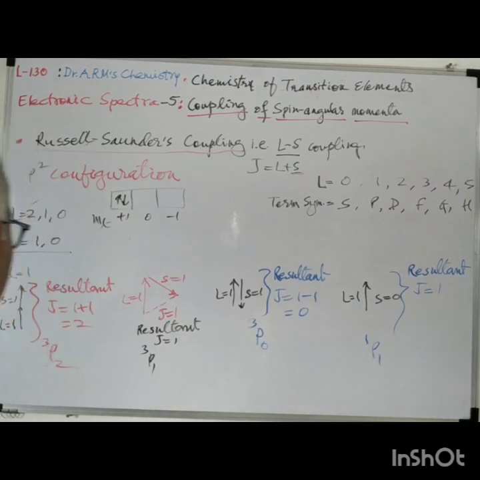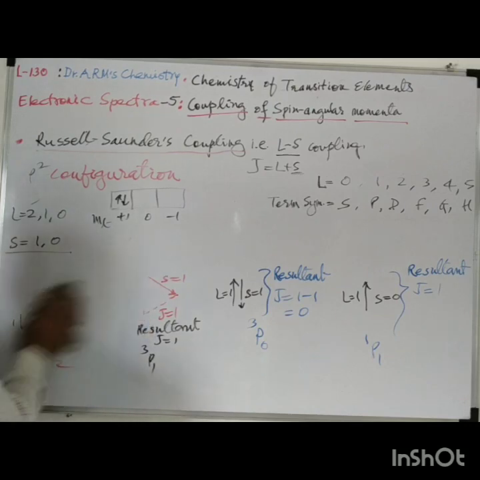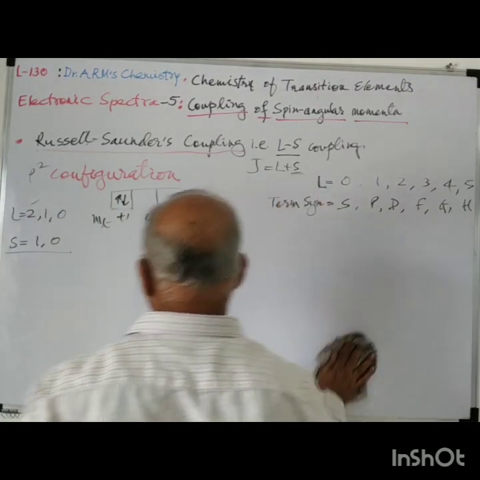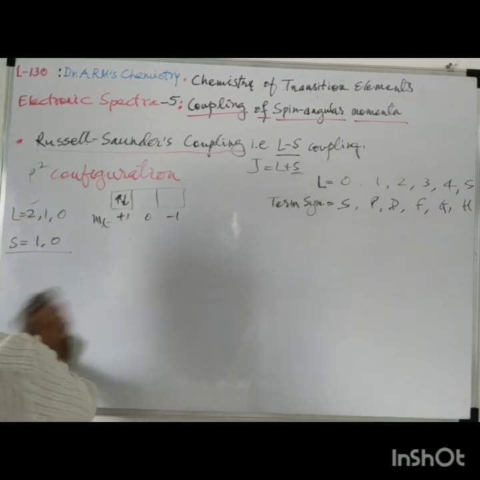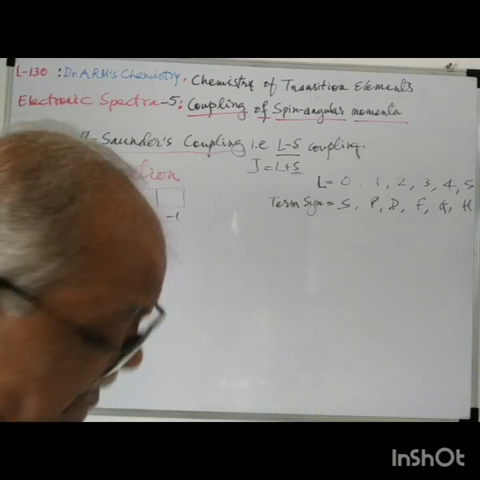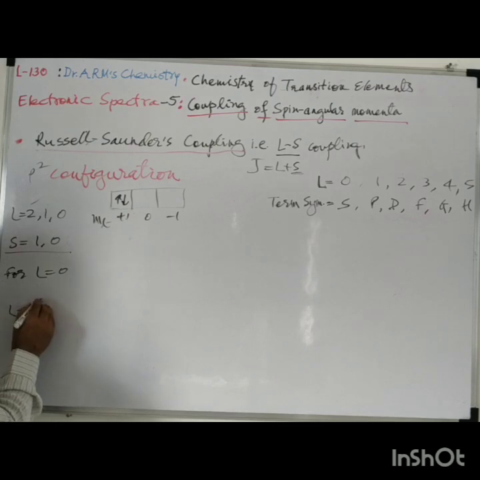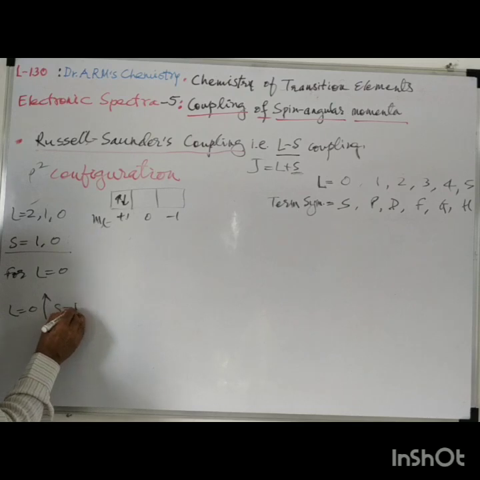So this is for L is equal to 1. Now we will see the third type of combination, that is for L is equal to 0. We can have L is equal to 0, and therefore there is only S is equal to 1.